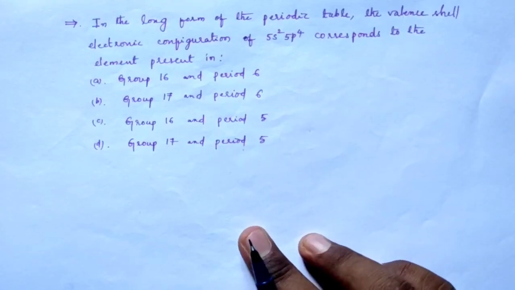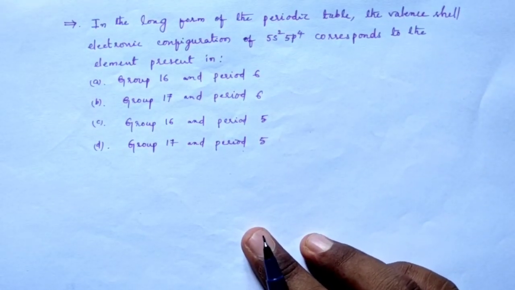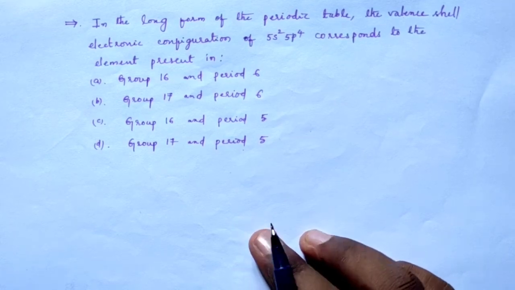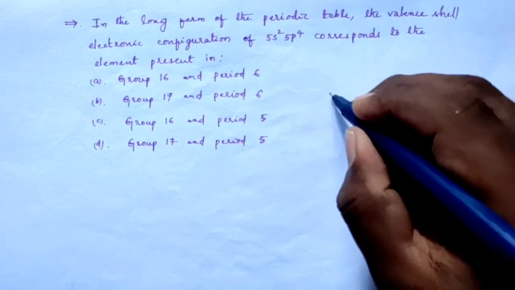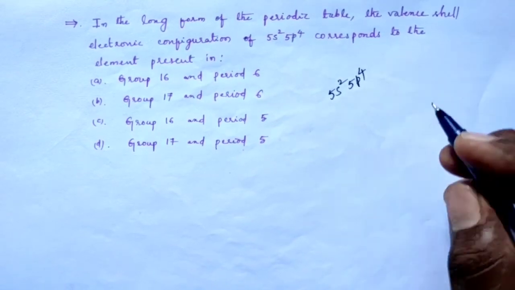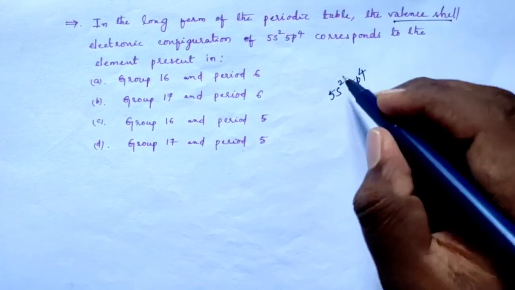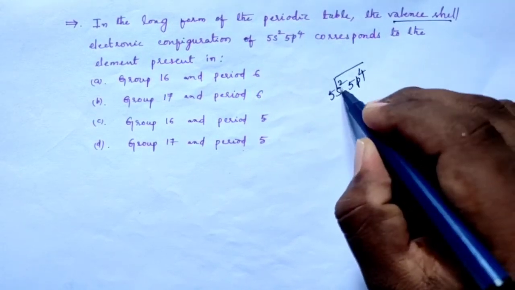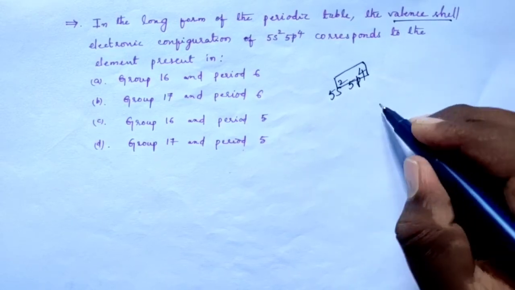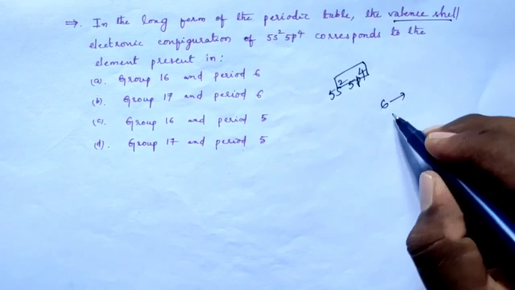In the long form of the periodic table, the valence shell electronic configuration of 5s2 5p4 corresponds to the element present in. When they have given questions like this, we need to observe the electronic configuration carefully. Here clearly they have given that this is the valence shell electronic configuration. In the valence shell we have 6 electrons, and this element belongs to p block.